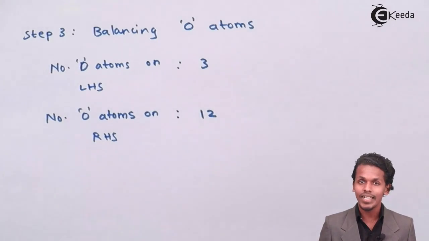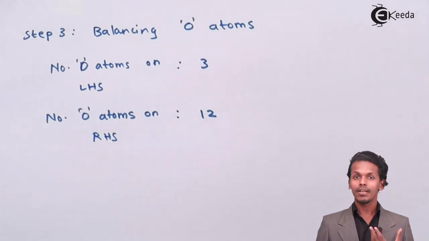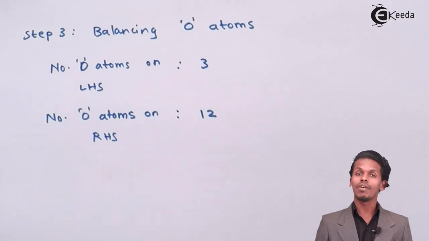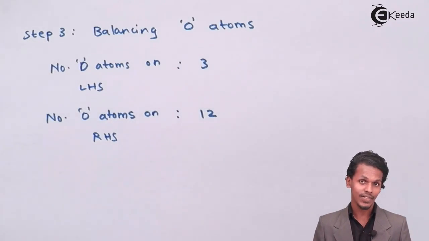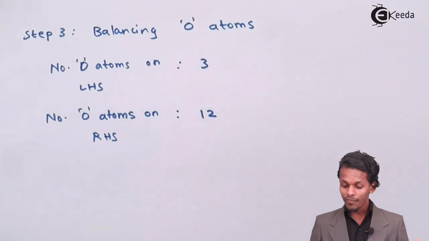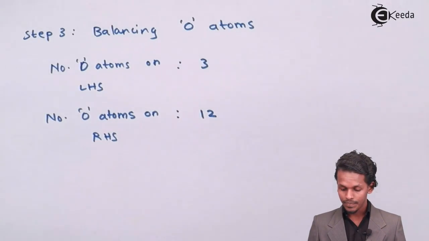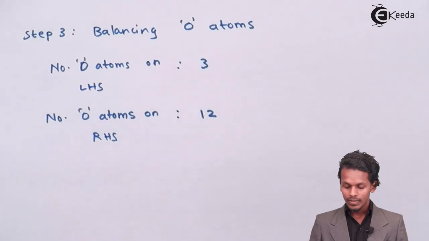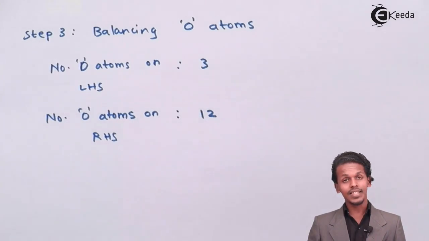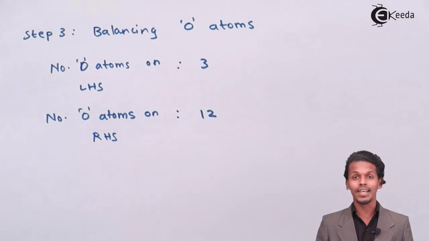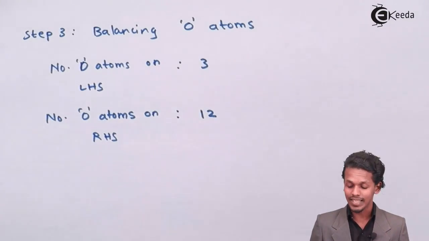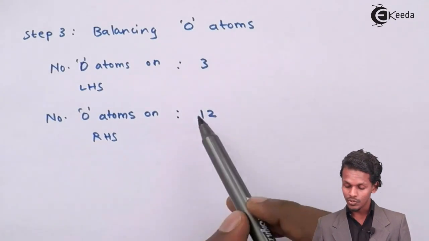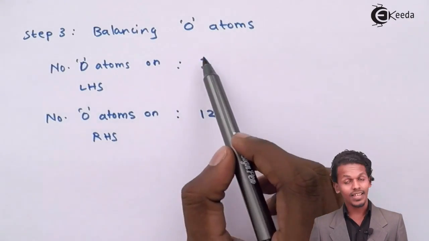Again the same thing that we did in acidic medium. In this case we will add H2O molecules on the deficiency side. The deficiency of oxygen atoms is on the left hand side, with a deficiency of 9 oxygen atoms, because here it is 12 but here it is 3.